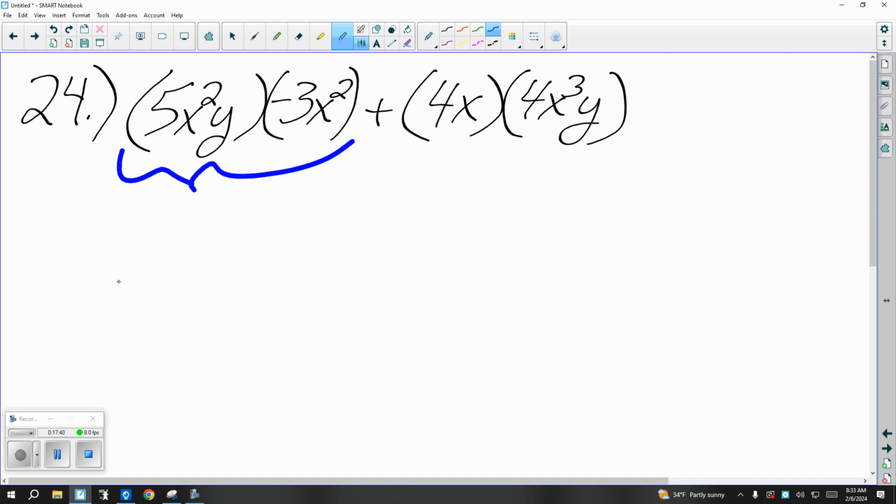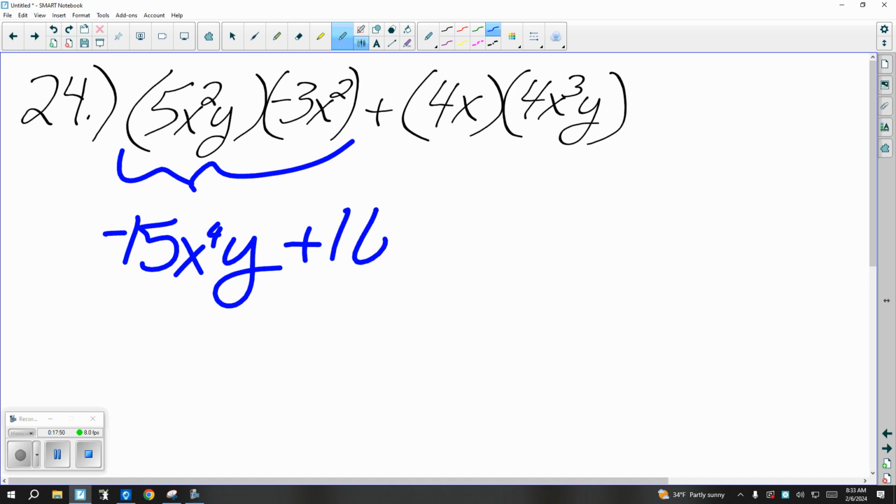This gets multiplied and becomes negative 15 x to the 4th y, and then a plus, and then that's going to be 16 x to the 4th y. Okay, cool. And then I just combine those. Well, negative 15 plus 16 is 1 x to the 4th y.